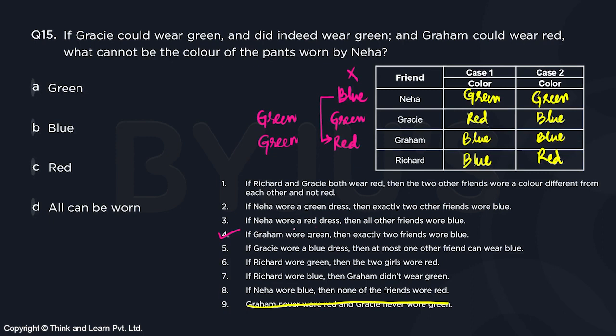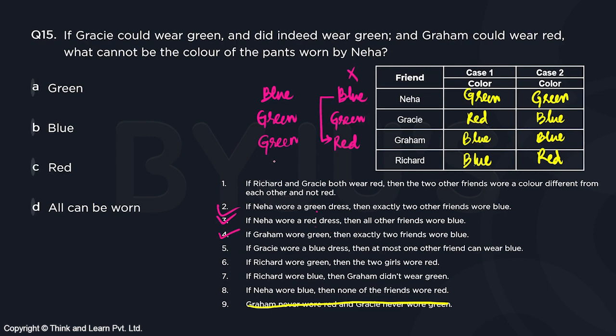Then this statement that if Neha wore a red dress, then all other friends wear blue, tells us that Neha can't wear a red dress. And if Neha wears a green dress, then exactly two other friends wear blue. This is also not going to happen. That means Neha cannot wear red or green. Neha wears blue. Now, if Neha wears blue, then none of the friends wear red.